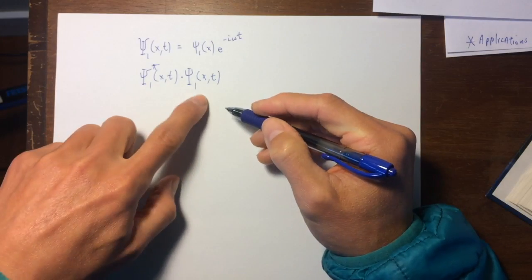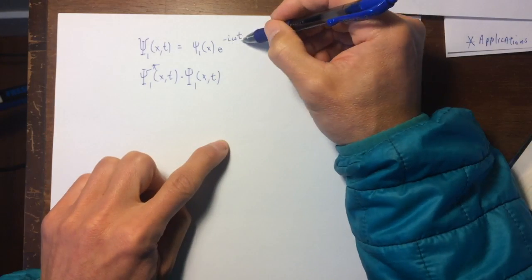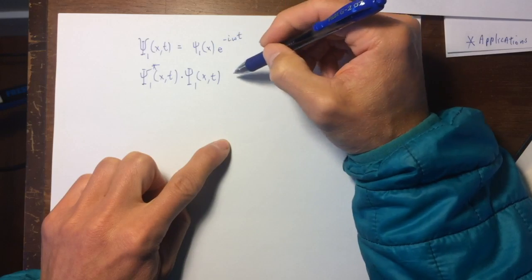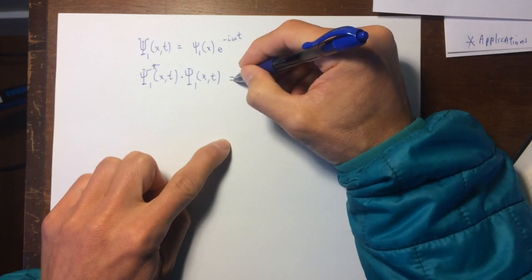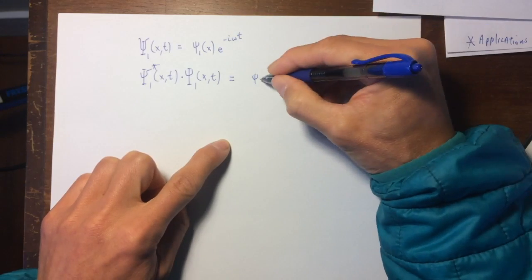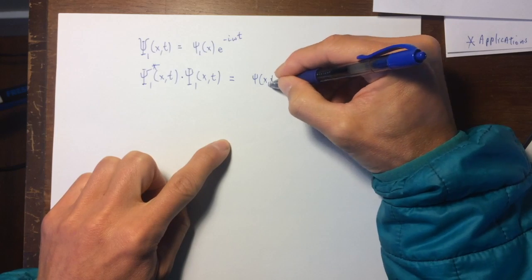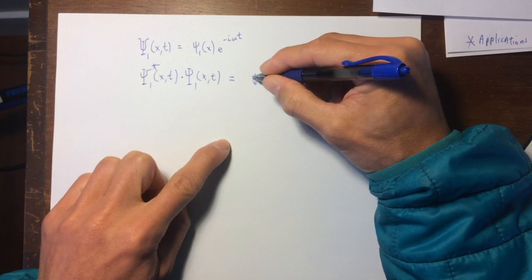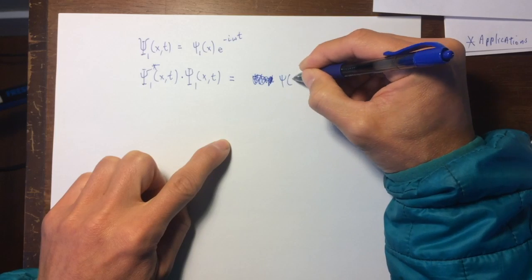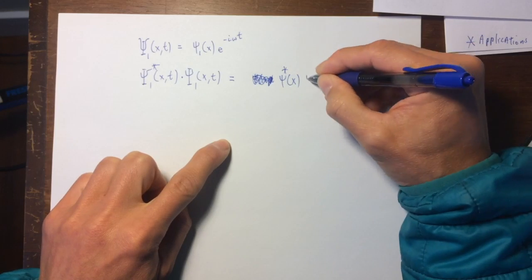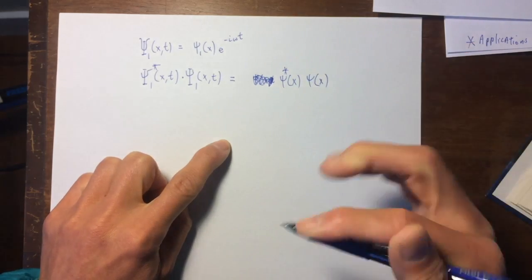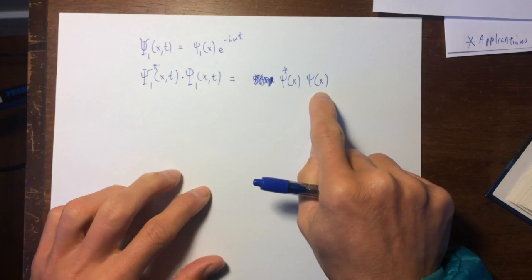So the complex conjugate, what's going to happen, and you can fill in the details, you just write this out, this is going to be psi of x star psi of x, where these are the time-independent answers from earlier.